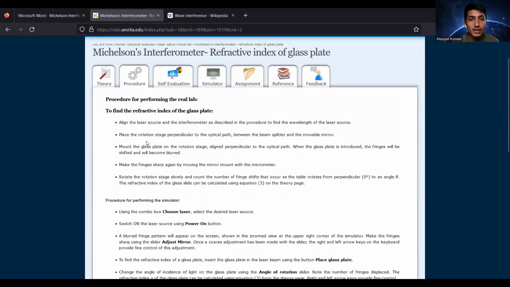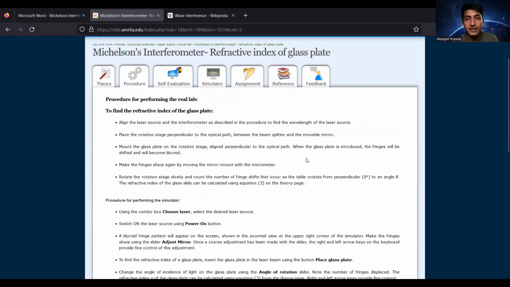And here is the procedure for performing the real lab to find the refractive index of a glass plate. Align the laser source and interferometer as described in the procedure to find the wavelength of the light source. Place the rotation stage perpendicular to the optical path between the beam splitter and movable mirror. Mount the glass plate on the rotational stage aligned perpendicular to the optical path.